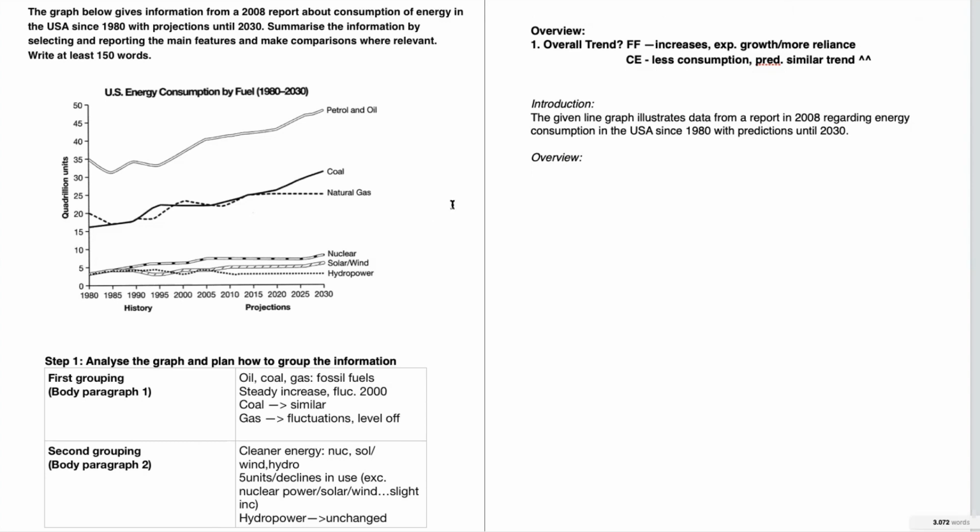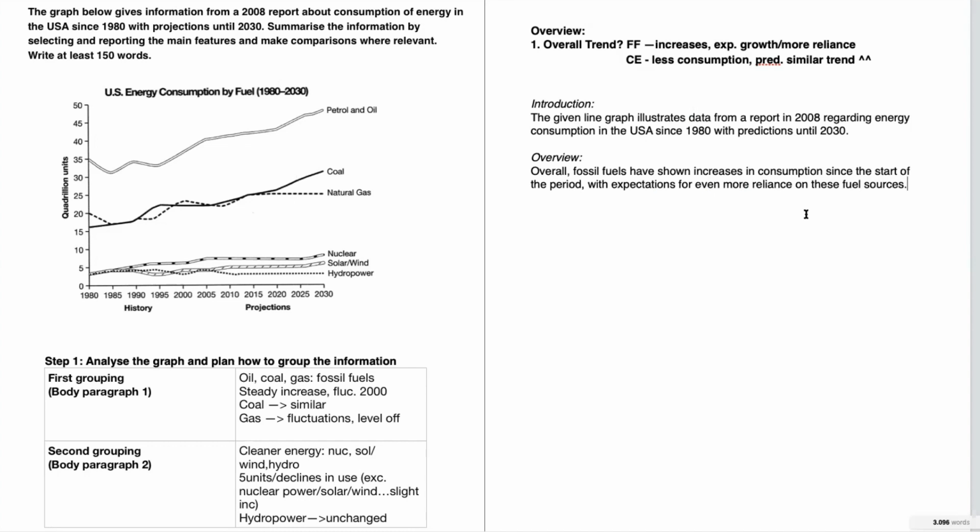So I'm going to say overall, the fossil fuels have shown increases in consumption since the start of the period, with expectations for even more reliance on these fuel sources. And remember, this is where I talked about fossil fuels increasing and the expectation that there would be more reliance and more growth as we see here in our graph.